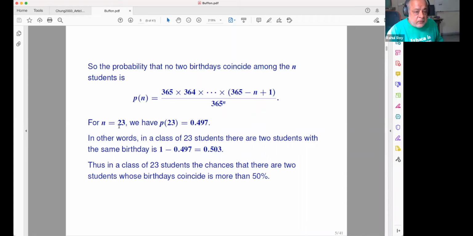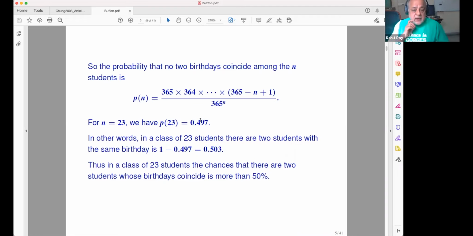For n equal to 23, we have that P of 23, the probability that the 23 students have birthdays, none of which coincide, is 0.497.